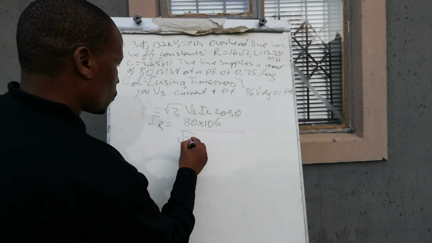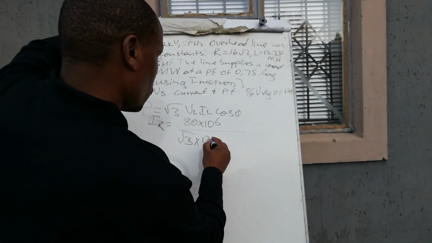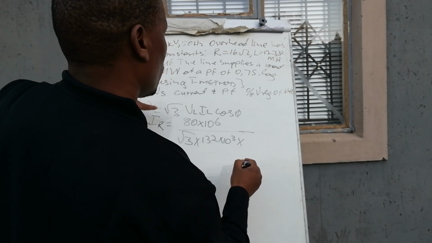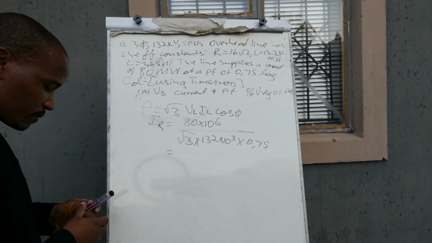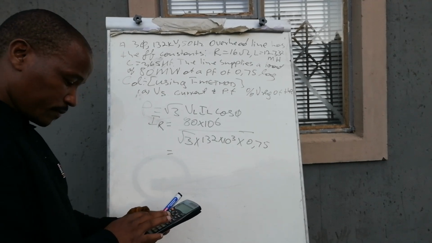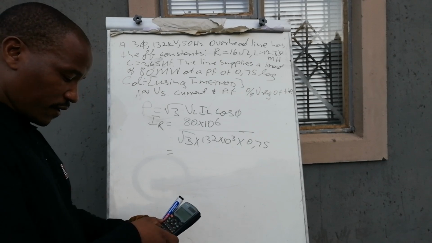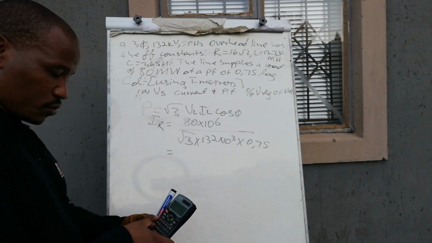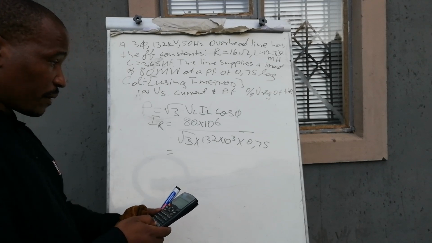Over square root 3 multiplied by the line voltage, 132 times 10 to the power 3, multiplied by cos of 0.75, and it equals what? It equals 80 exponent 6 divided by open brackets square root 3 multiplied by 132 exponent 3 multiplied by 0.75 closing brackets.